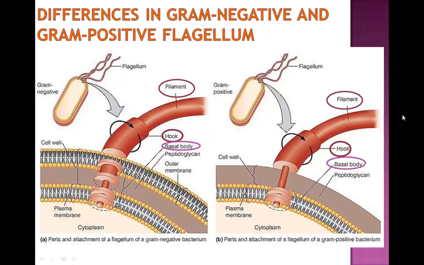For now, the main difference between the gram-negative and the gram-positive flagella is that the gram-negative flagella is more complex in that the basal body is more complex and is located across the inner membrane and the outer membrane of the gram-negative bacteria, whereas the basal body of the gram-positive bacteria is much simpler, located on the cell membrane.